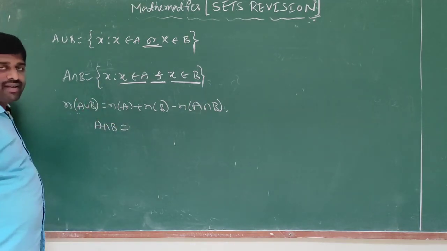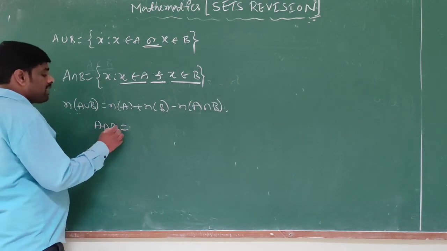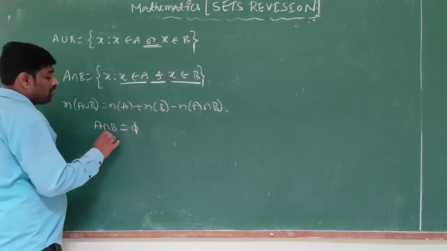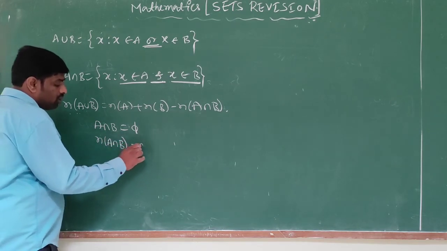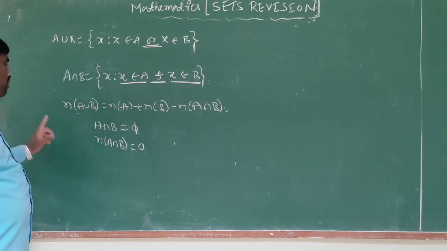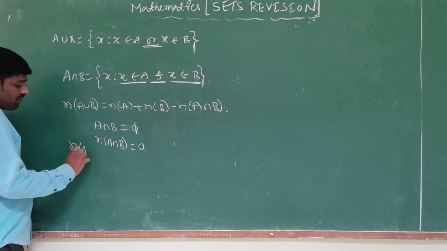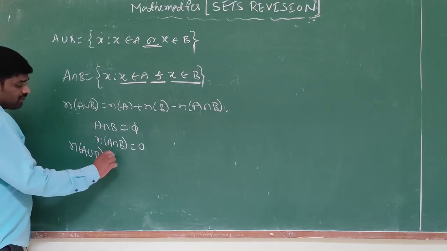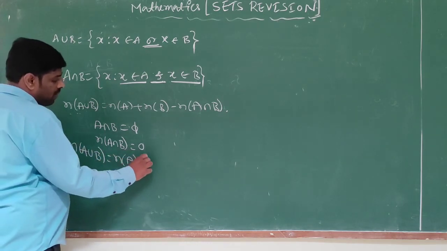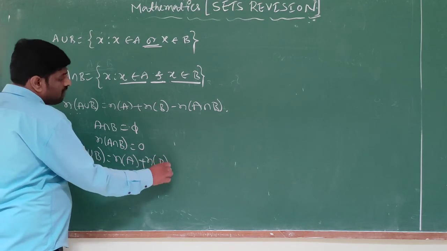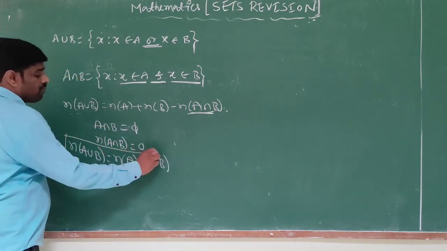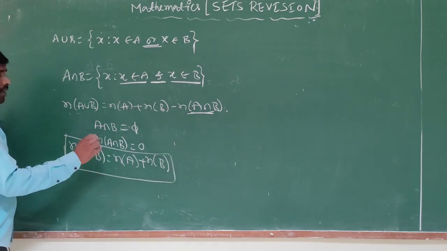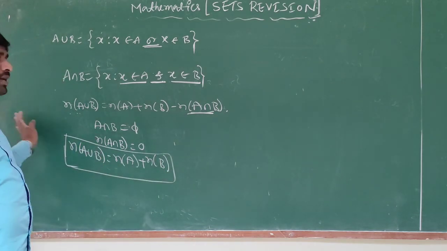A and B are disjoint means A intersection B is equal to null. Therefore, N of A intersection B is equal to 0. Now the formula becomes N of A union B is equal to N of A plus N of B.